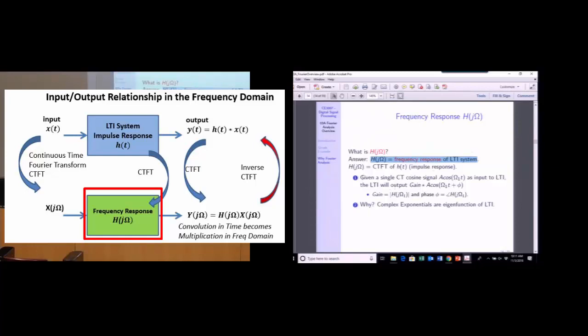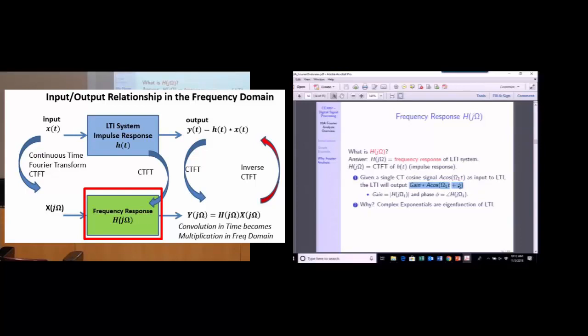It means that if I send a single pure cosine wave into the system with amplitude A and frequency Ω1, where big Omega 1 means 2πf1, then the output of the system, interestingly, if the system is linear and time invariant, will only be the cosine wave with amplitude changed by a gain as well as the phase.